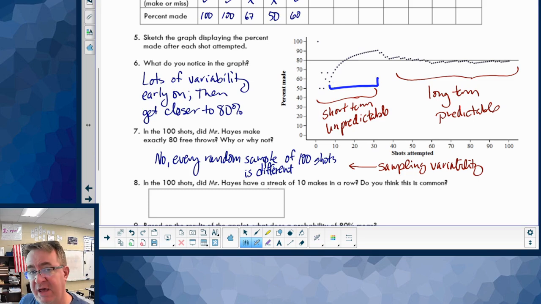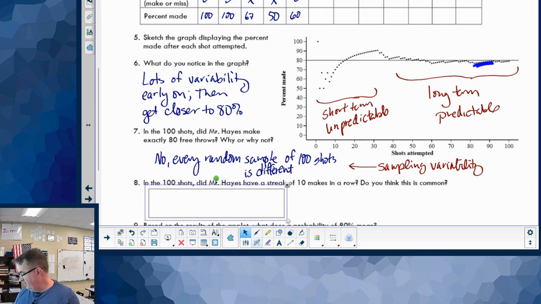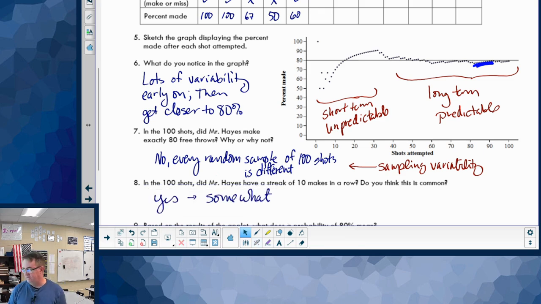Yeah, but that doesn't mean you can't go in streaks. Because remember, 80% is the long-term probability. If I'm looking at small different sections, you can have runs where you're going to get everything. And in fact, over here, I think I've got another one right there. So it will happen. You just have to look for those.